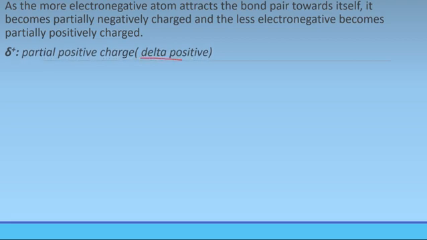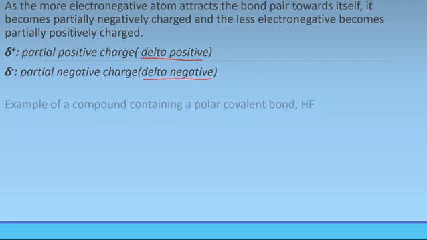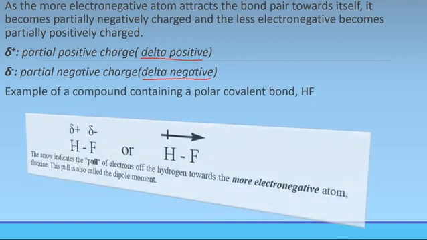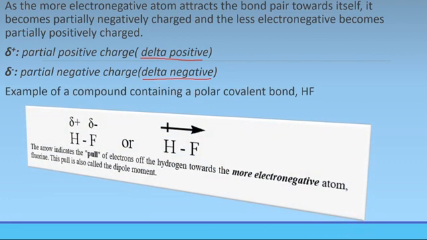We use delta positive for a partial positive charge and delta negative for a partial negative charge. And on a molecule, we represent it as shown in the example below. We have an example of hydrogen fluoride, where hydrogen is the less electronegative and fluorine is the more electronegative.